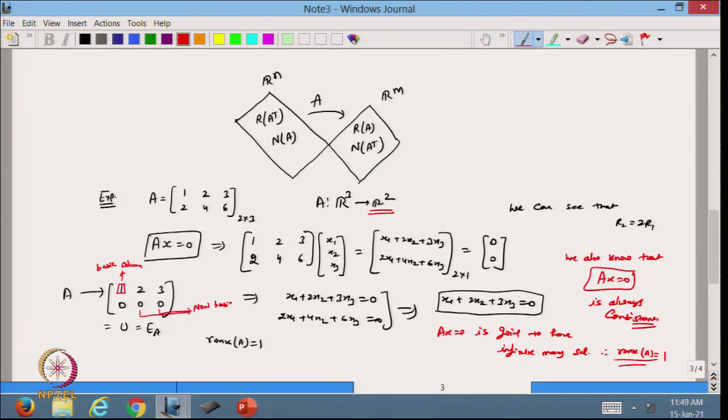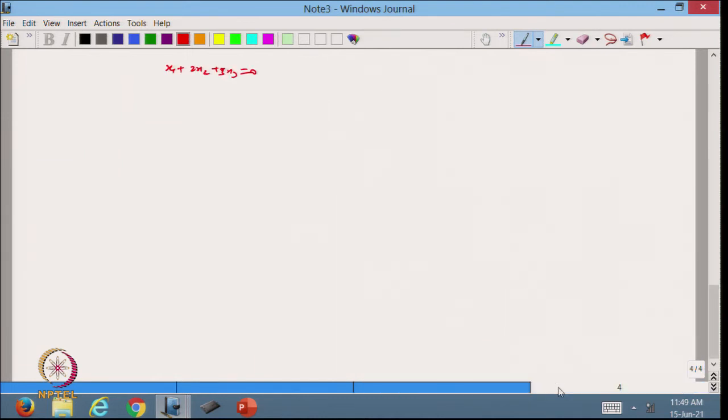Non basic columns. Now, we need to find out the free variables. The number of free variables is always equal to the number of variables minus the rank. The number of variables is 3 because we are coming from R3, and the rank is 1, so it is 2.